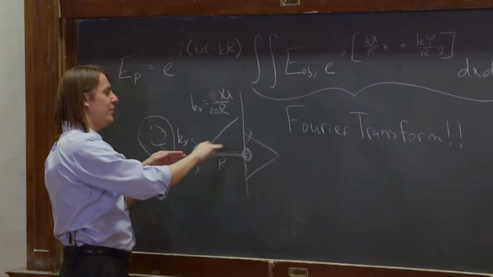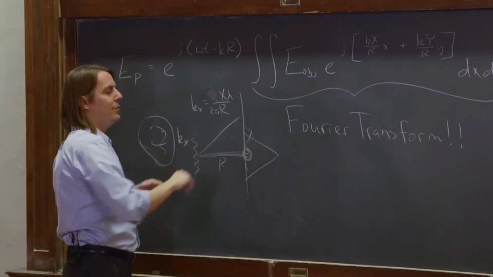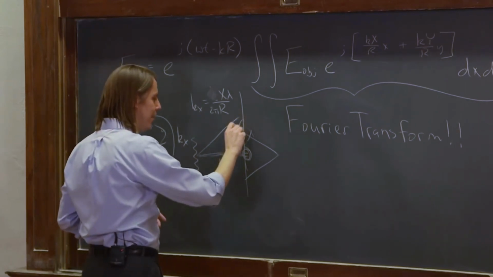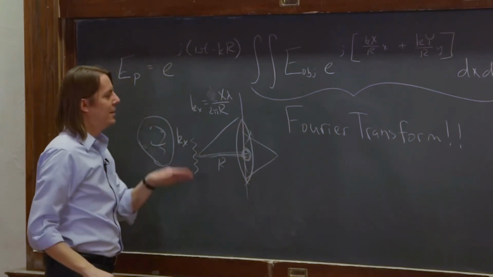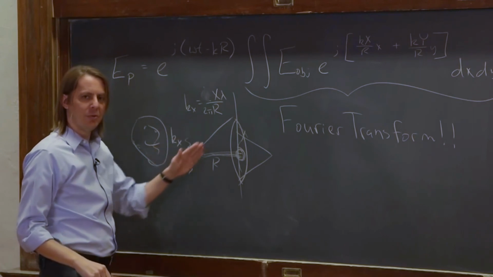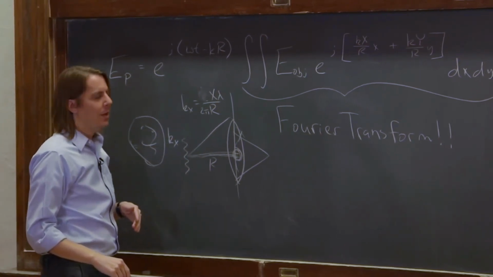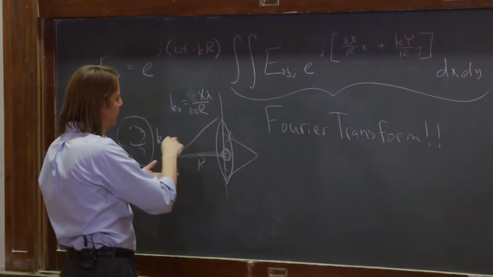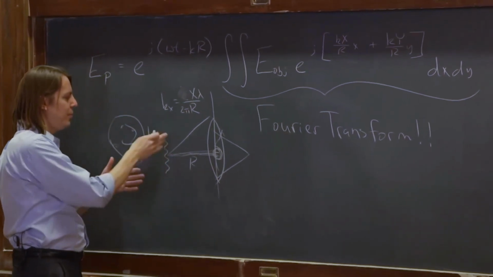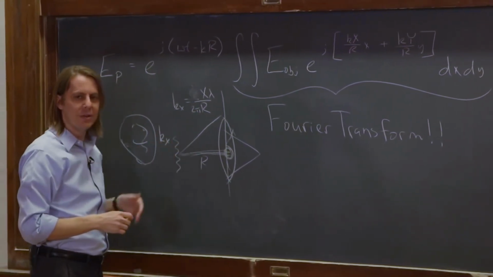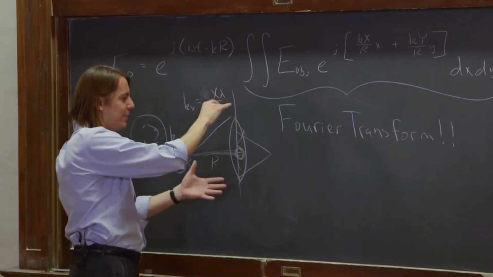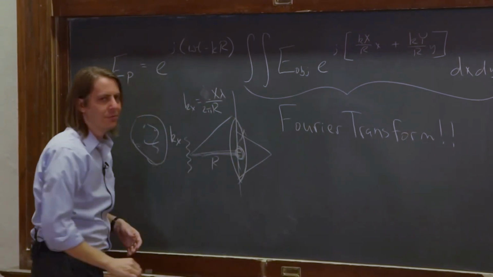So it only gets as many spatial frequencies as fit in the pupil. Or if you have a nice big microscope objective, it only captures as big a spatial frequency as fits in the microscope objective. So optical imaging resolution is always limited because the high spatial frequencies don't diffract into the lens. And if you don't have them in that information, they're not going to end up in the image information.